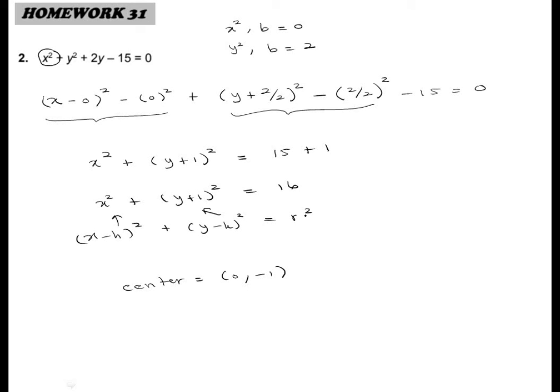And from r squared equals 16, r, the radius of the circle, is the square root of 16, which equals 4.